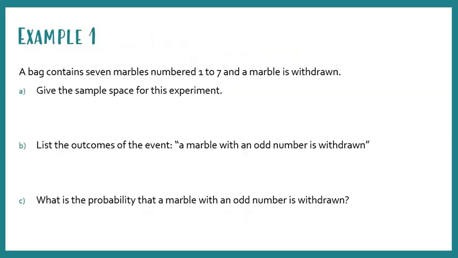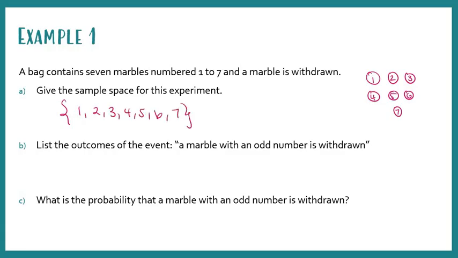Now, if you're confident with probability and are just using this to recap, feel free to pause here and I'll go through it. If we have a bag containing 7 marbles, 1 to 7, right, we've just got marbles we're assuming are evenly sized, being picked out of a bag. So it's very similar to our six-sided die. Our sample space for this experiment is going to be those numbers 1 through to 7, okay?